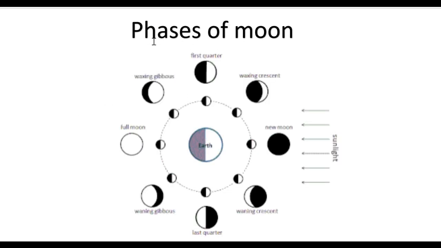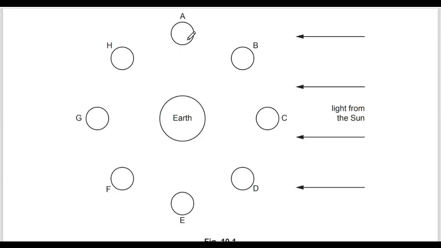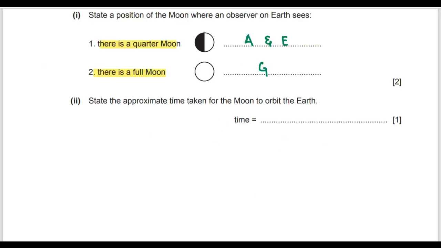Here we have all the phases of the moon and the sunlight is coming from the right side, and you see a full moon over this position and you see a quarter moon over the top and the bottom. So the answer is you see a quarter moon at position A and E and you see a full moon at position G. So I am writing the answer A and E for quarter and G for full.